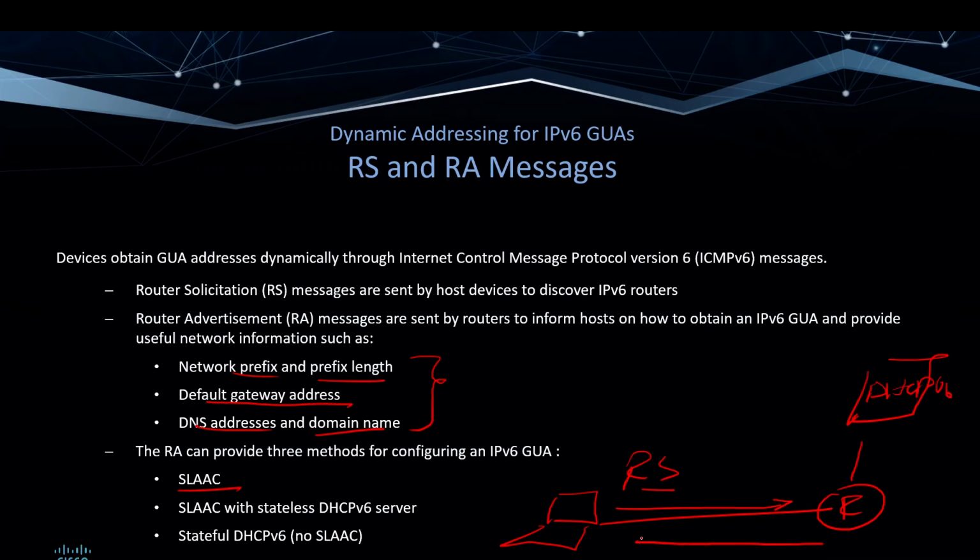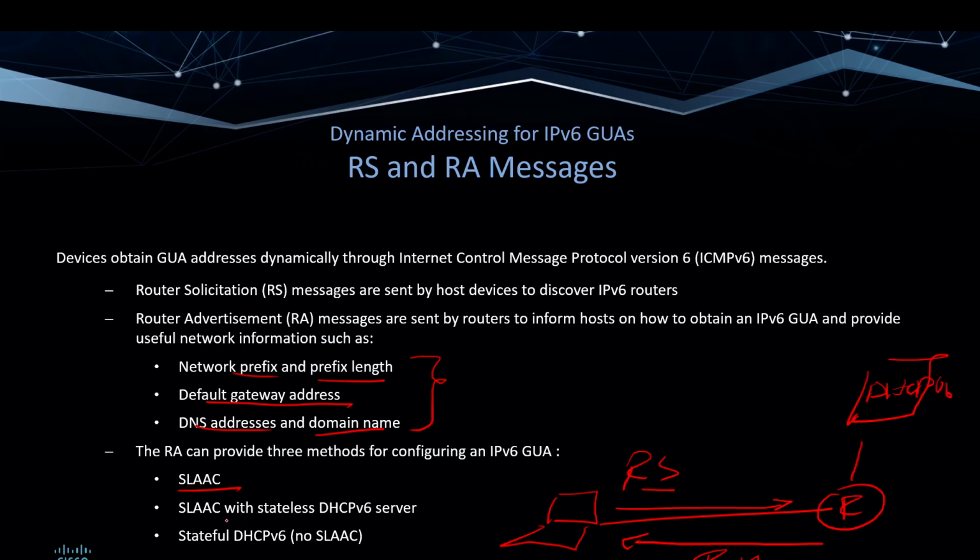When the router gets the message via ICMP, it responds with an RA, router advertisement, with the IP address prefix, gateway, and all other information. This is called SLAAC, stateless address autoconfiguration. Remember those methods for the CCNA exam and for your IT careers.